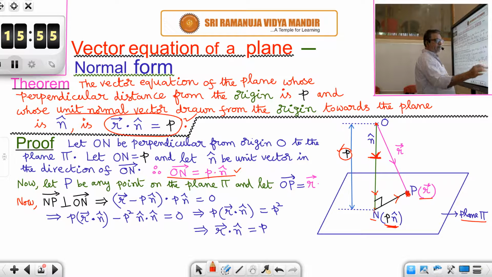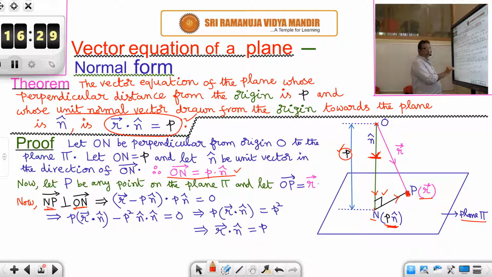ON is the perpendicular from the origin to the plane, and NP is a vector completely lying in the plane. So ON and NP are perpendicular. I have shown the right angle here. Therefore their dot product will be 0. NP bar dot ON bar will be 0 because they are perpendicular vectors.